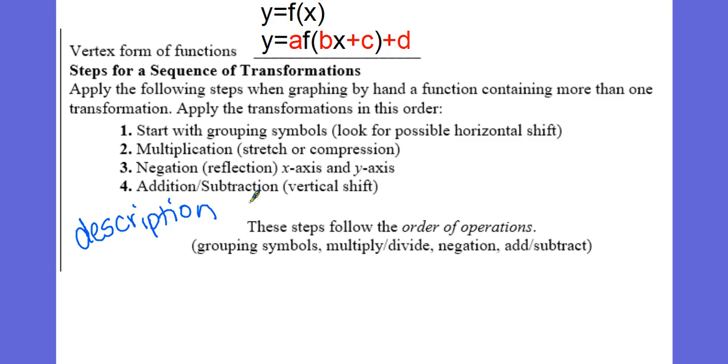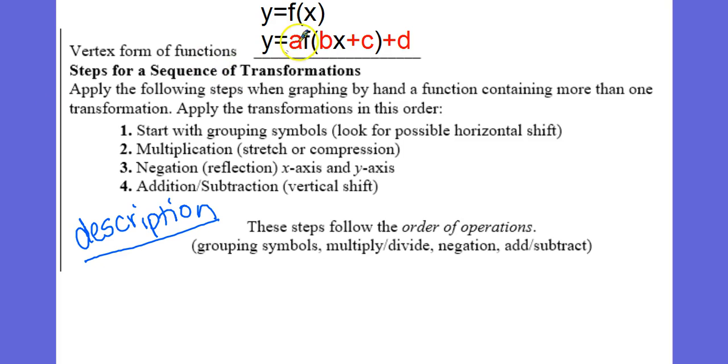Then horizontal compressions or stretches. Then you're looking to your multiplication for your stretches and compressions outside the grouping symbols. Then you'll flip things over using your negations. Then you'll shift up and down.